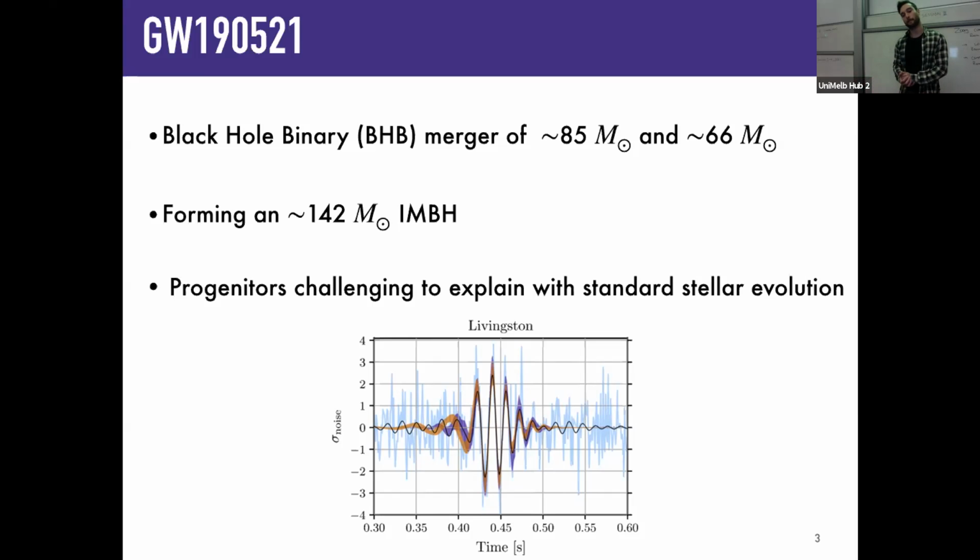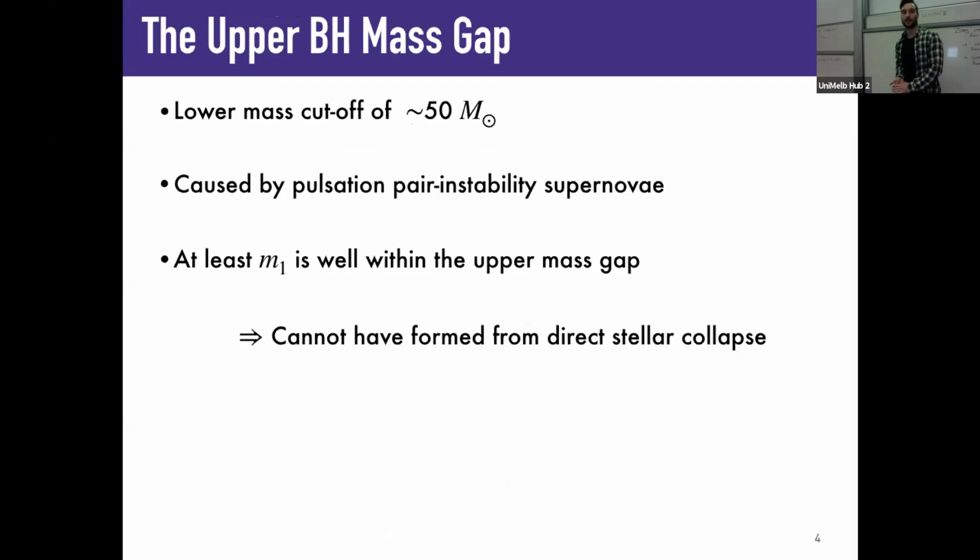The reason why this was particularly interesting, at least for me, is that these progenitors are challenging to explain with the standard models of stellar evolution. That's because of what's known as the upper black hole mass gap, which we so kindly just heard about.